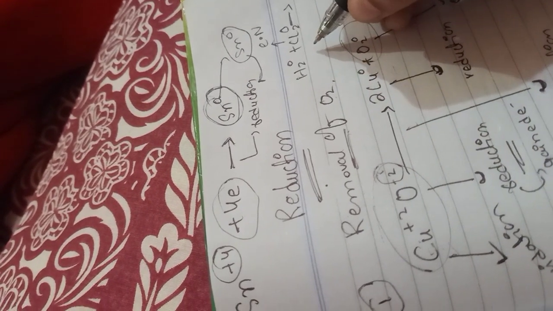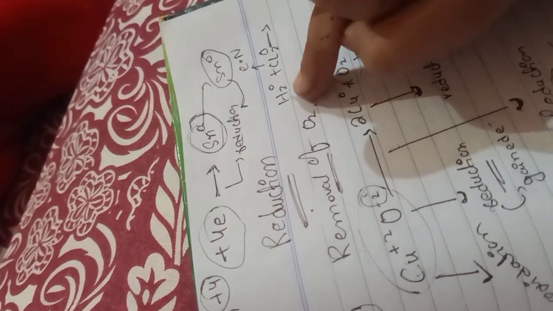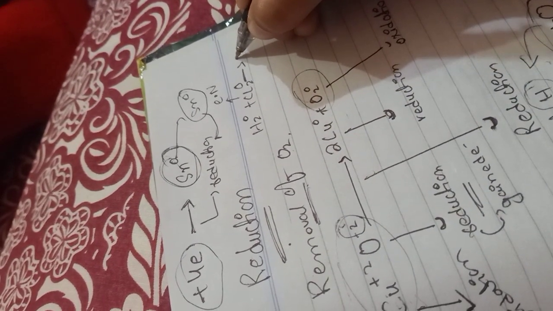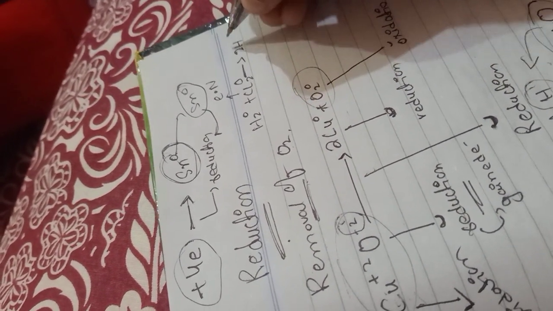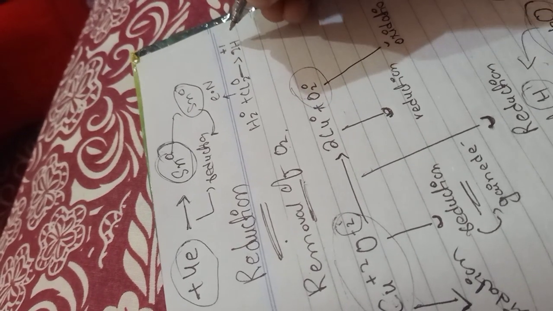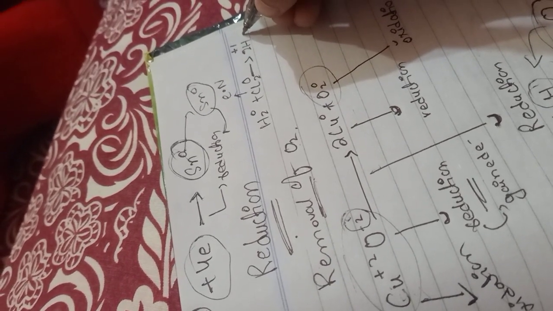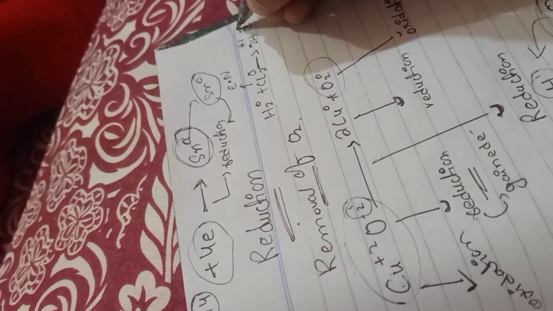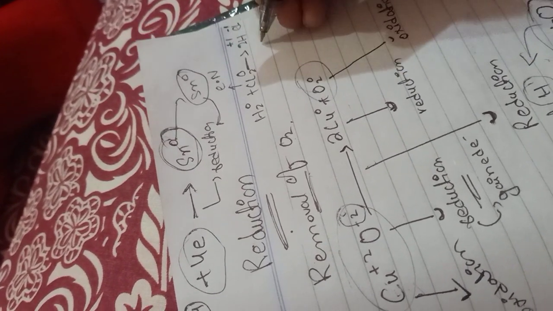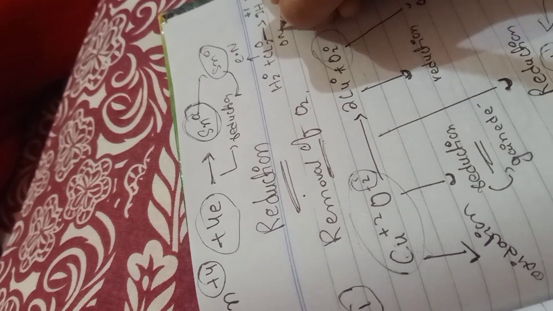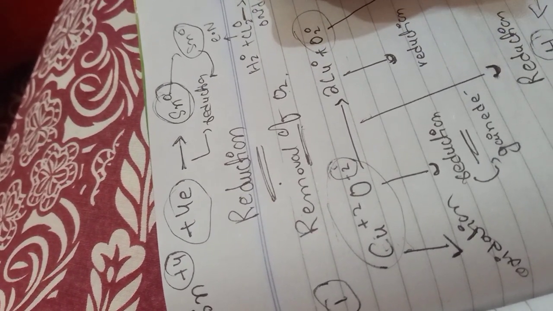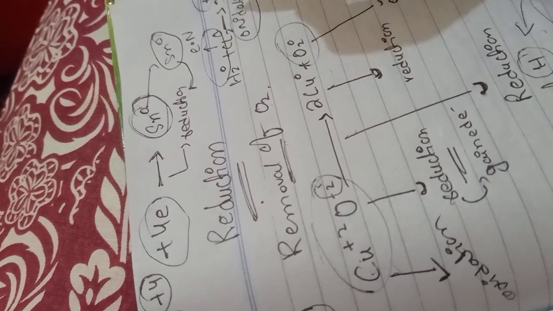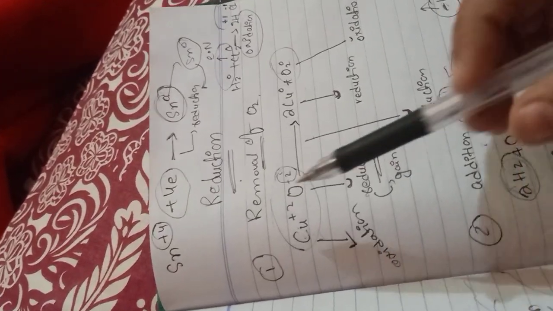Here hydrogen has lost 1 electron, and here chlorine has gained 1 electron, so the oxidation is there. Why? Because the gaining form is converted into the losing form, which means oxidation. So this was a little introduction about reduction.